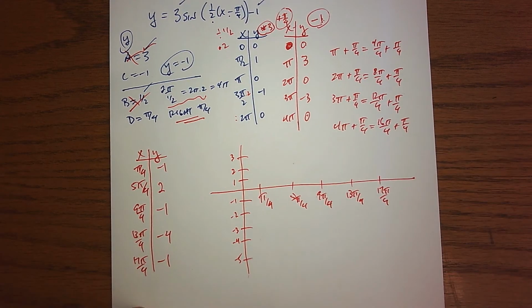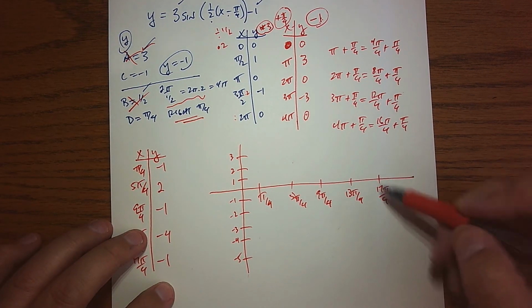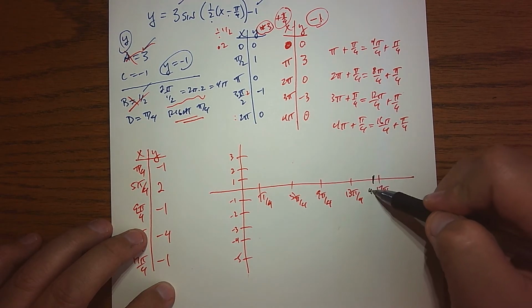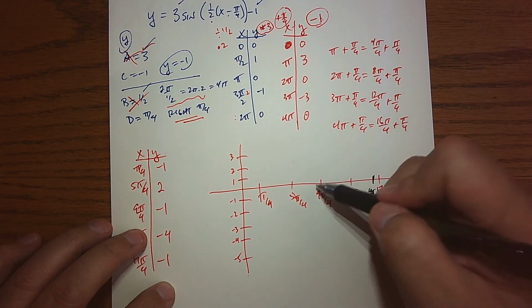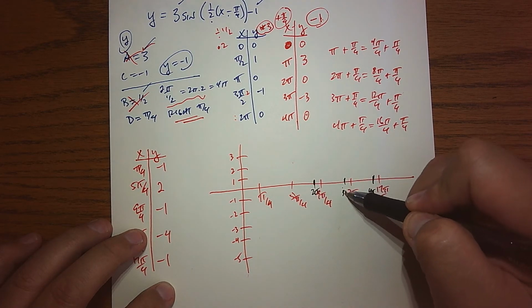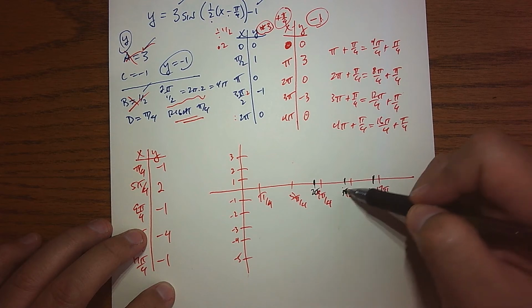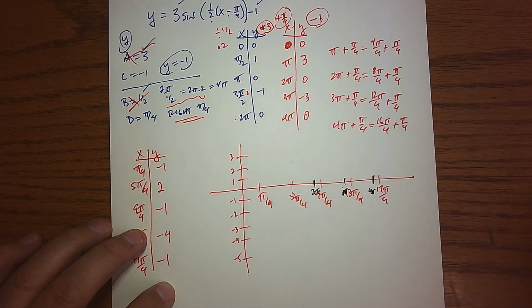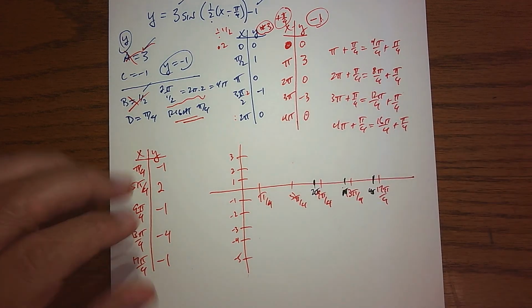So there's our scale. 17 pi over 4 is sitting really close to 4 pi somewhere. 2 pi is probably about there, and 3 pi is probably about there, because we're actually a little bit to the left.